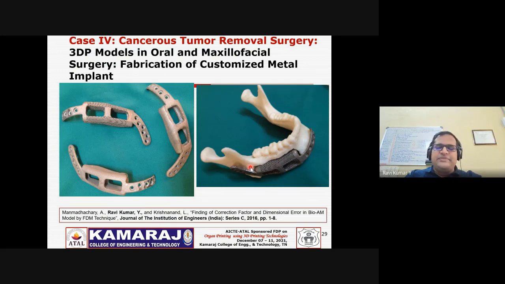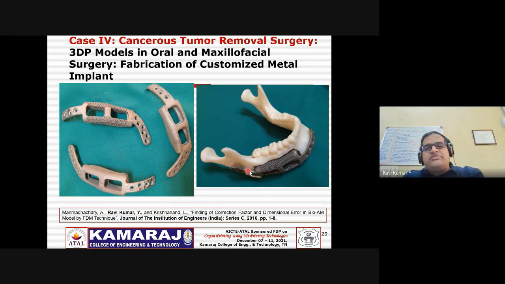So they will take a bone from the patient's fibula, and they are trying to fit it, but that may not form a proper fit, so they never graft the bone.